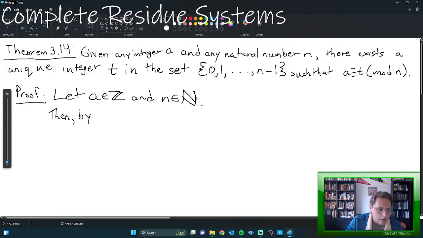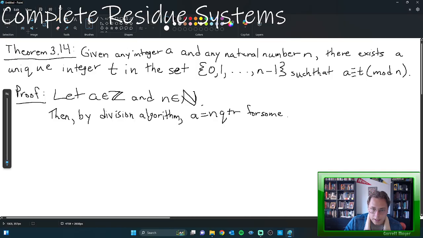Then, by the division algorithm, A equals nq plus r for some unique, this is crucial, q and r in the set of all integers, where r is in this set.